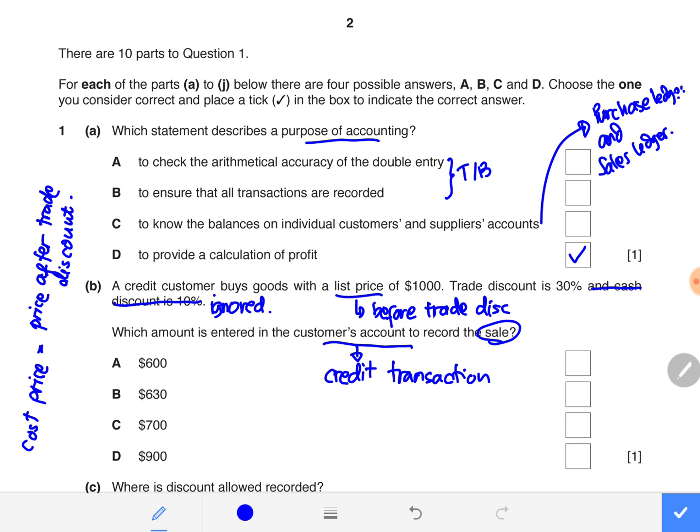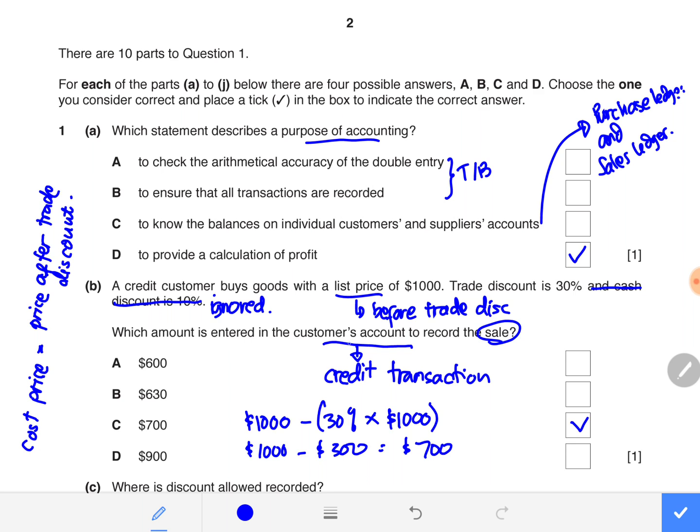So which amount is entered in the customer's account to record the sale? 1,000 minus 30% of 1,000, which is minus 300, equals 700, and the answer is C. Just pay attention to that.